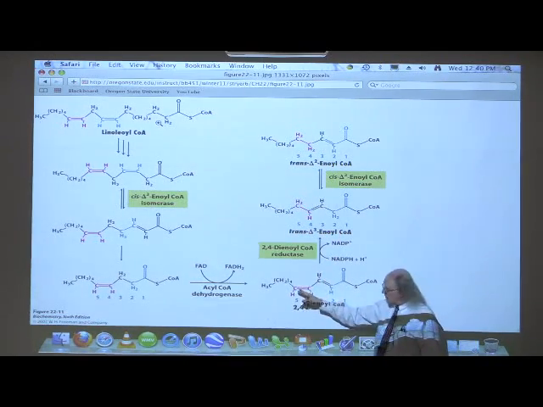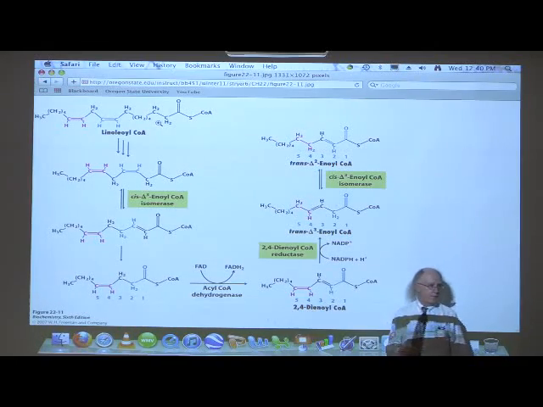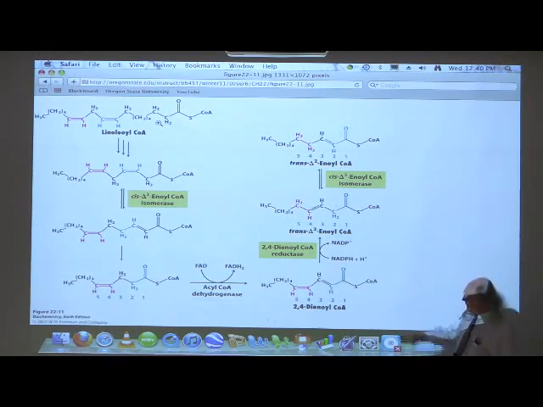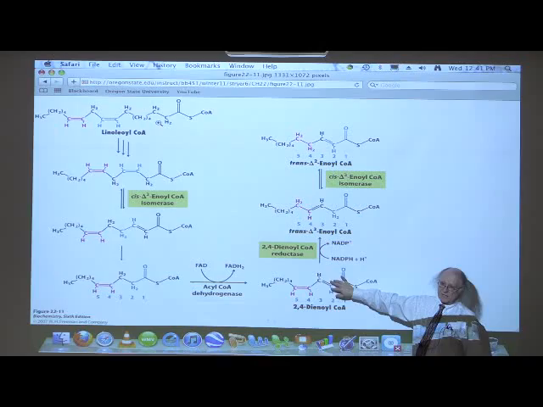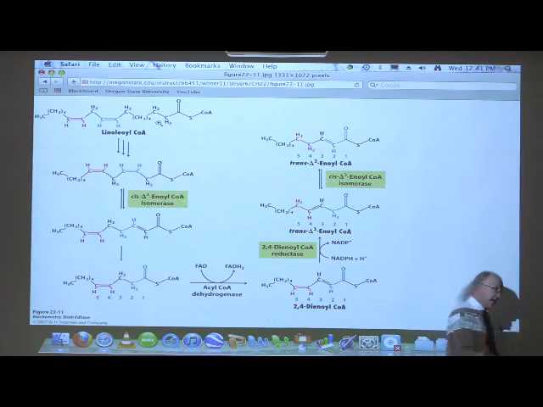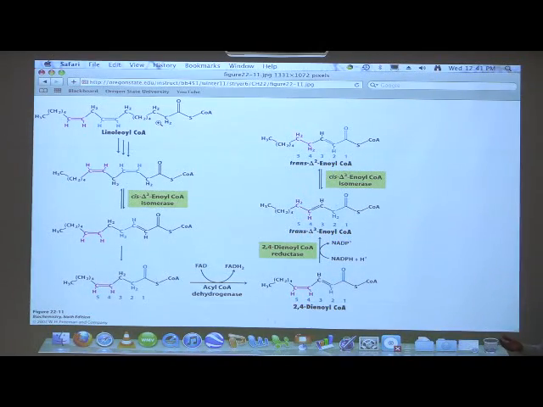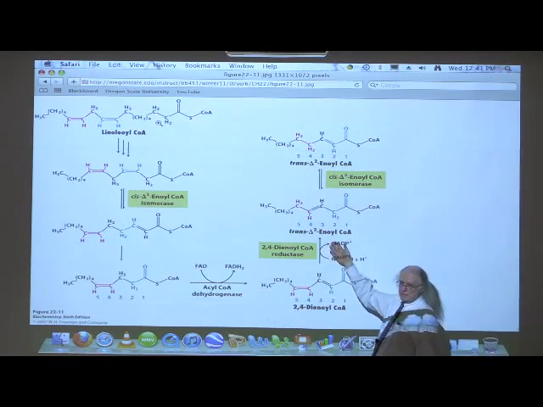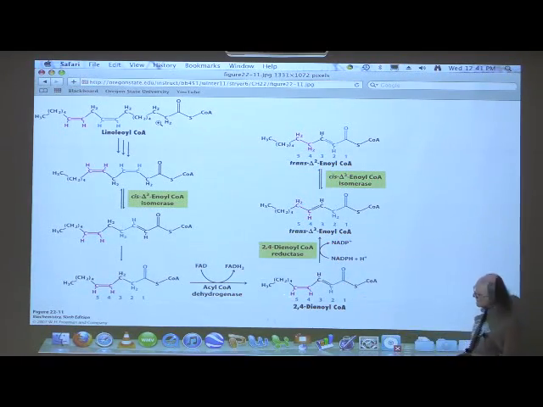It doesn't like this structure because it doesn't like this bond right here. So that means that this structure has got to be reconciled so that the cell can, in fact, continue this oxidation process. Well, this is where Wallace comes in. Wallace is the enzyme that takes a trans 2,3 and a cis 4,5. It uses NADPH and makes a cis 3,4. This is the structure that was wrong in the book.